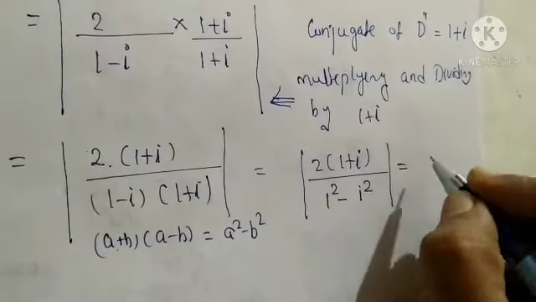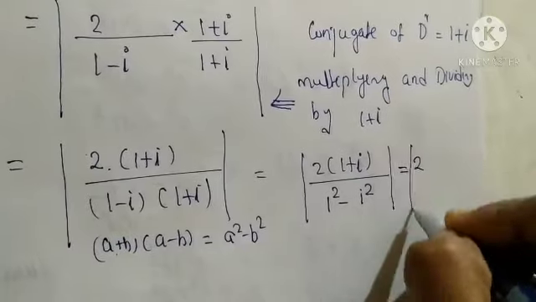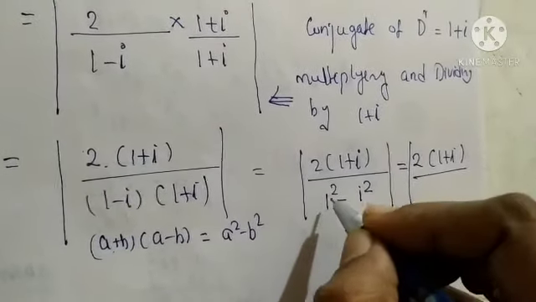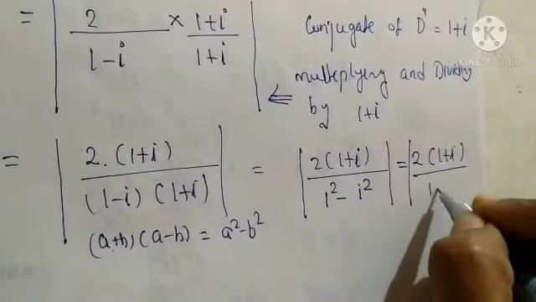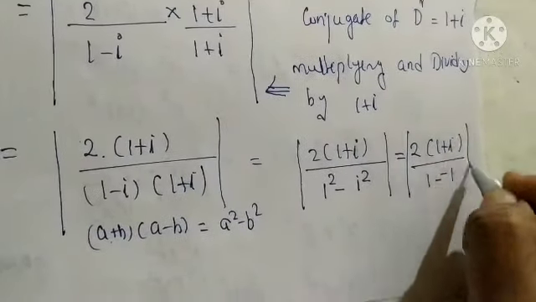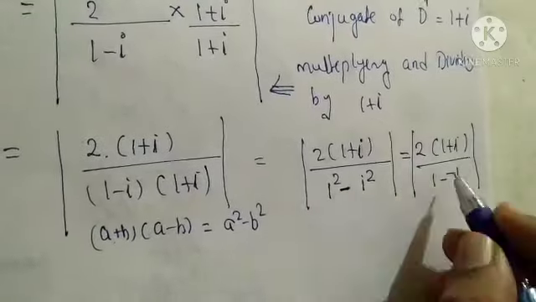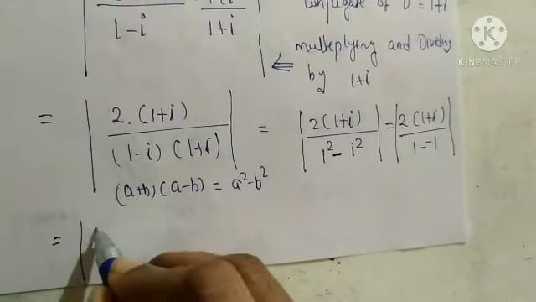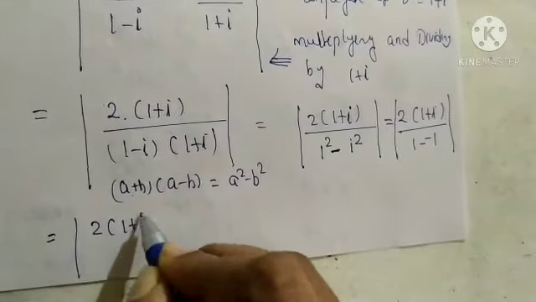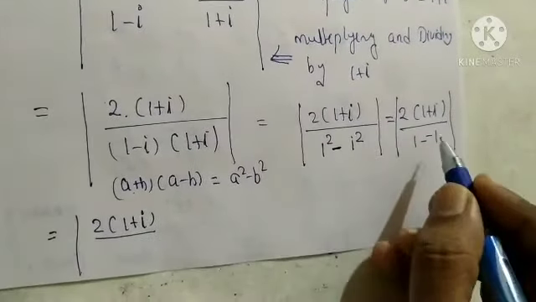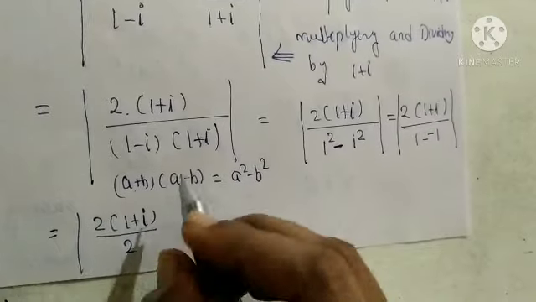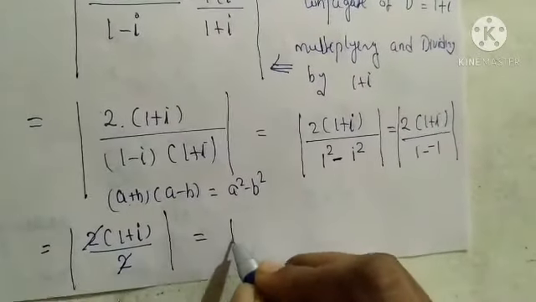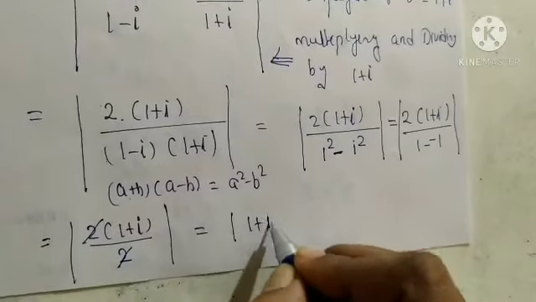So it will be equal to the modulus of 2 into (1 plus i) divided by 1 square is 1, i square is minus 1, so also this minus is there. So it will be equal to the modulus of 2 into (1 plus i) divided by 1 minus of minus 1, which is 1 plus 1, right? 2. So cancelling these 2, the final answer is the modulus of 1 plus i.